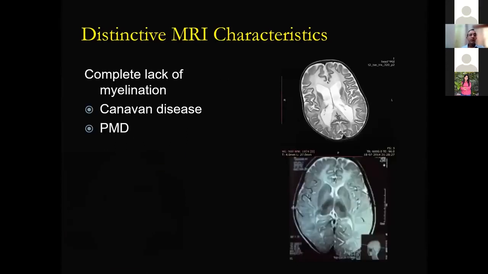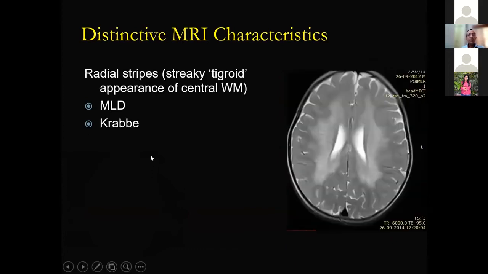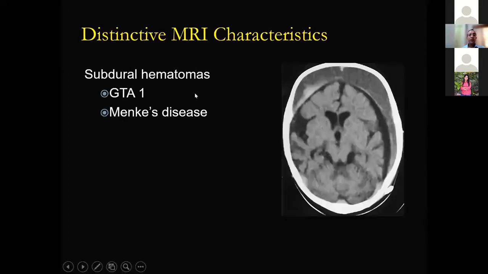Look whether there is a complete lack of myelination or it is focal. The complete lack of myelination may be diagnostic of diseases like Canavan disease or Pelizaeus-Merzbacher disease. Look for the radial stripes, the tigroid appearance on the cerebral white matter, which are seen mainly in metachromatic leukodystrophy and represent the spared perivascular white matter.